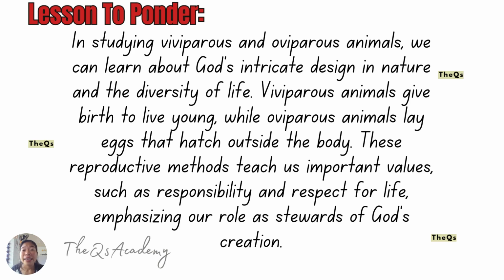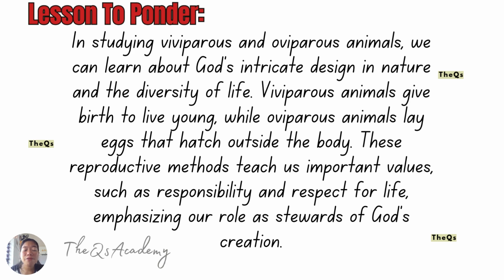So, friends, in studying this lesson, we can learn about God's intricate design in nature and the diversity of life. Viviparous animals give birth to live young, while oviparous animals lay eggs that hatch outside the body.